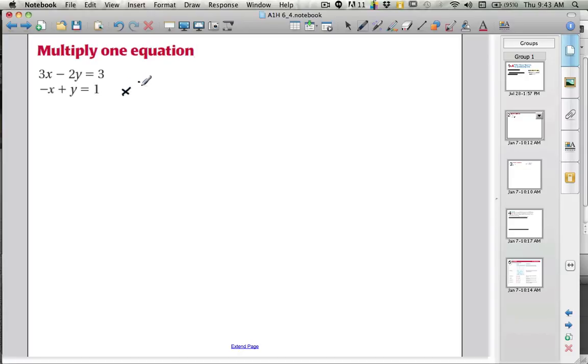So I'm going to multiply this by 2. The first equation, I don't have to change anything, so I'm just bringing that across. I multiply this one by 2, so I'll have negative 2x plus 2y equals 2.